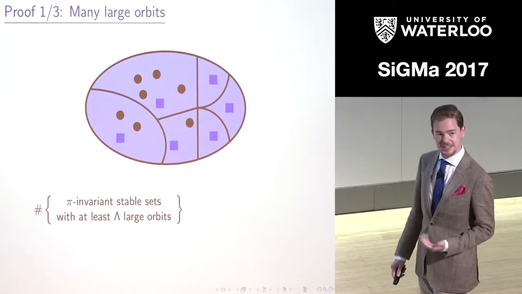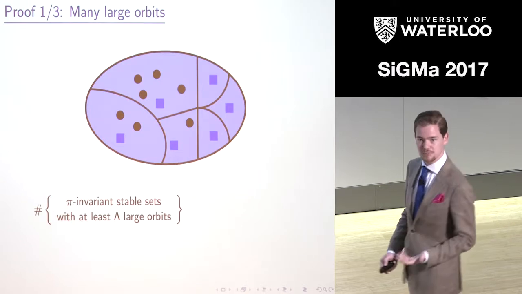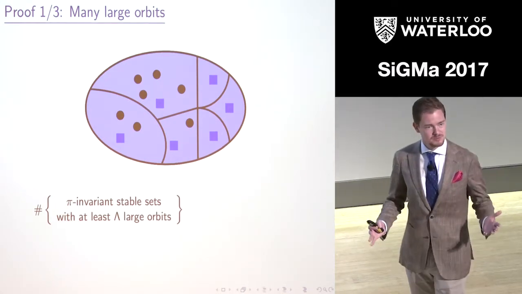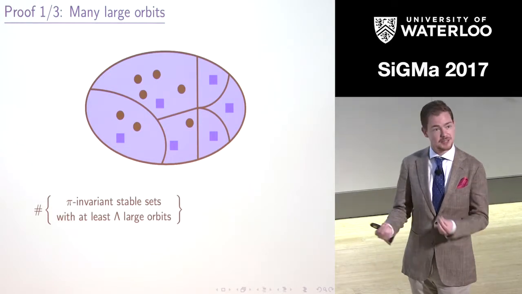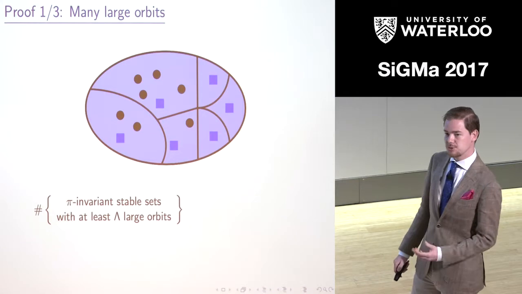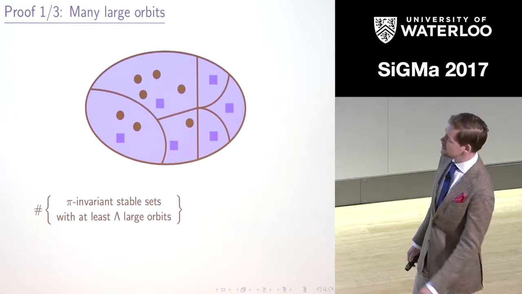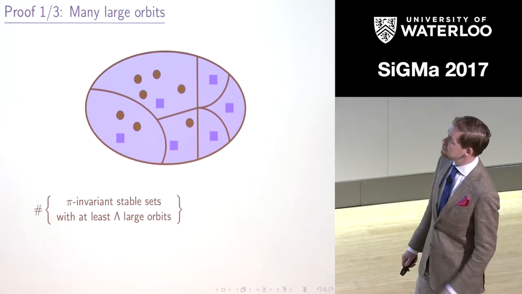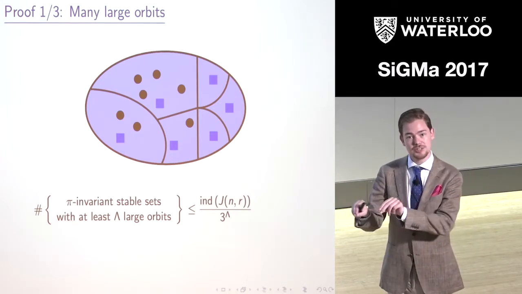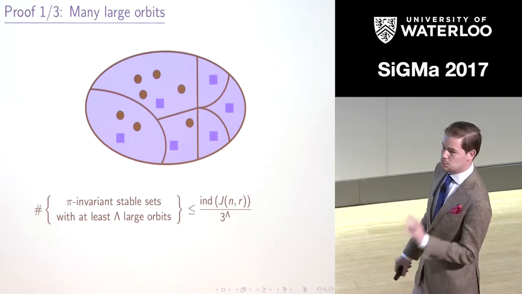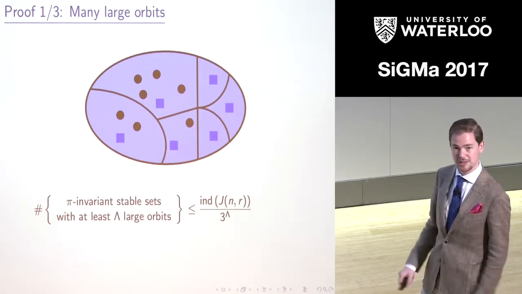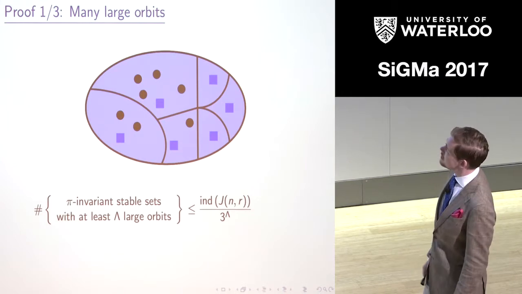Now there are a couple of cases that we want to consider. The first one is perhaps the easiest, where you have many large orbits. An orbit is large if there are at least 2 vertices in it. Suppose that we have at least capital lambda large orbits. Then I can pick any vertex in each of these orbits, and whatever choice I make will give me the same stable set if I close under pi images.